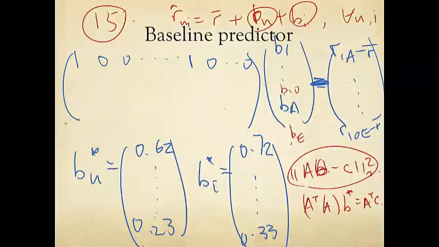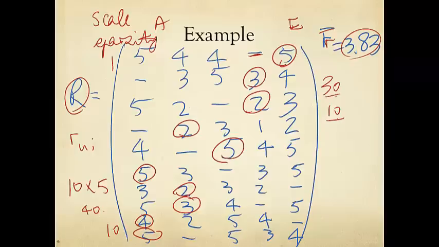In particular, this A matrix is going to be a 30 by 15 matrix. 30 because we have 30 training points, starting from R_1A to R_10E. Basically all the points here that are not red circled are our training data.